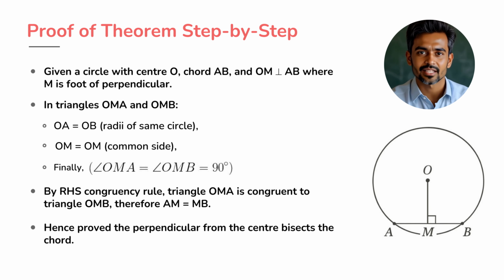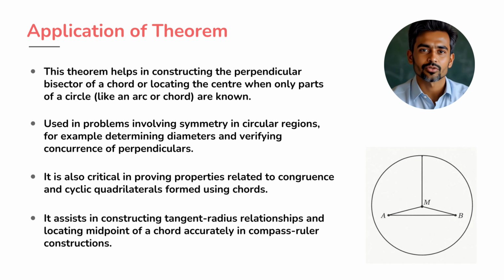Therefore, by the right angle hypotenuse side congruency rule, we can say that triangle OMA is congruent to triangle OMB. By congruency, the corresponding sides are equal. Hence AM equals MB. So we have proved that a perpendicular drawn from the center of a circle to a chord bisects the chord.